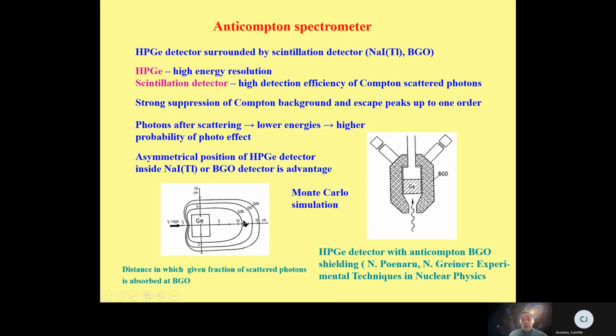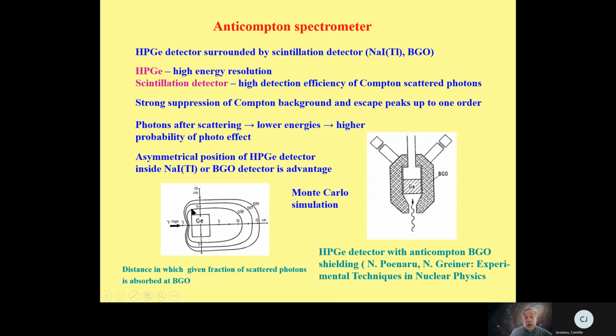Here it's possible to see what the probability of detection of this scattered photon will be, because here you have smaller energies after scattering. That means the thickness can be smaller in this direction than in the other, because in that direction you have higher energy and smaller probability of detection.